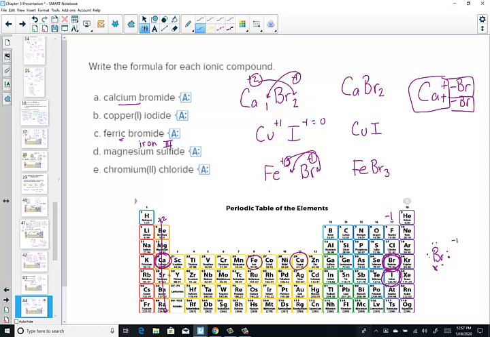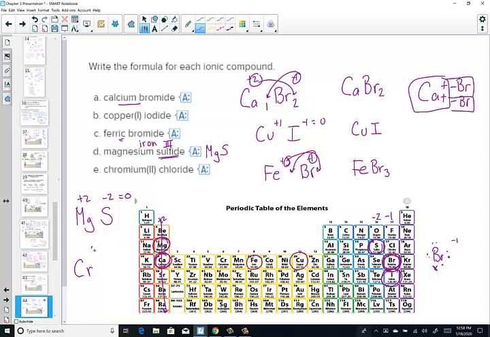Letter D, magnesium, who's a +2. Sulfide, that's the element S. Group 6A is a -2. That's 0 already. That's just simply MgS, magnesium sulfide.